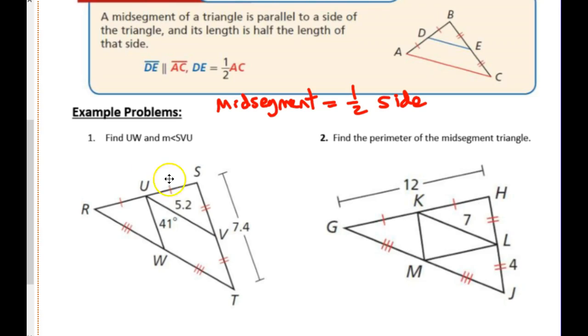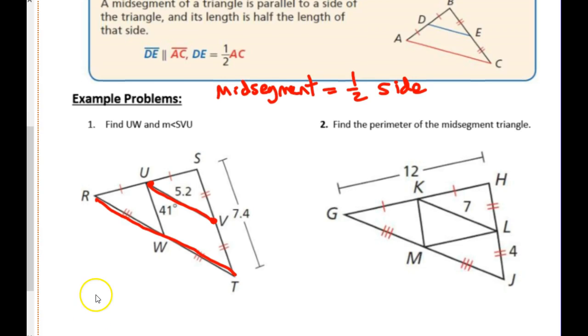So let's start with UV. I know UV is 5.2, right? So the parallel side down here is RT. Now, if I know UV is 5.2, and I know that's supposed to be half of the side, how am I going to figure out RT? That's it. Multiply by 2.